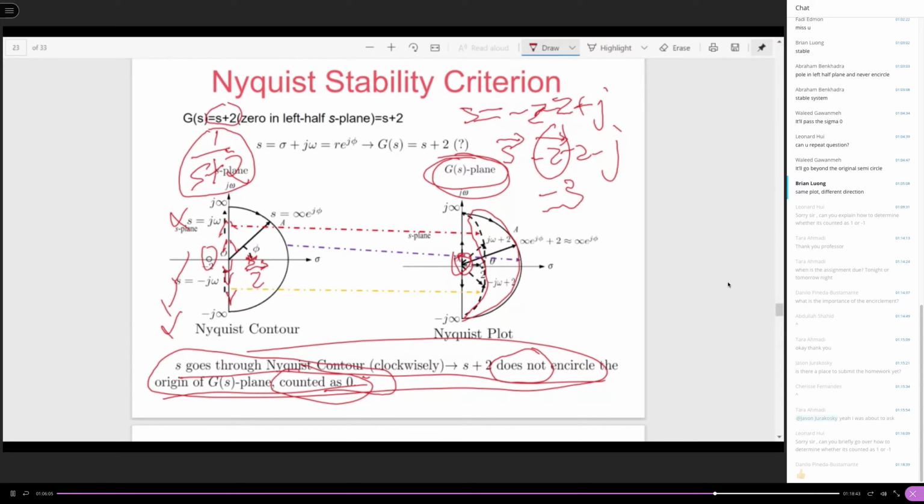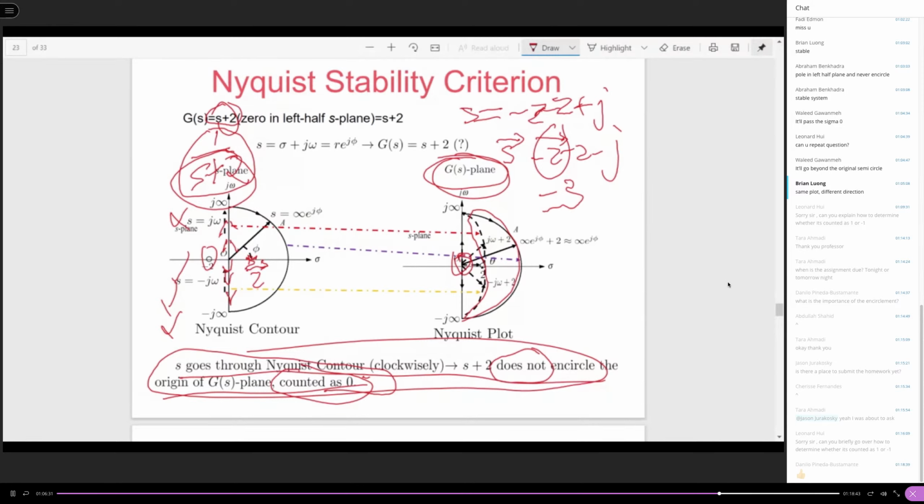In this case, because 1 over S plus 2's phase is opposite to that of S plus 2, just like the right half plane pole and zero case we just talked about, it is the same thing here.